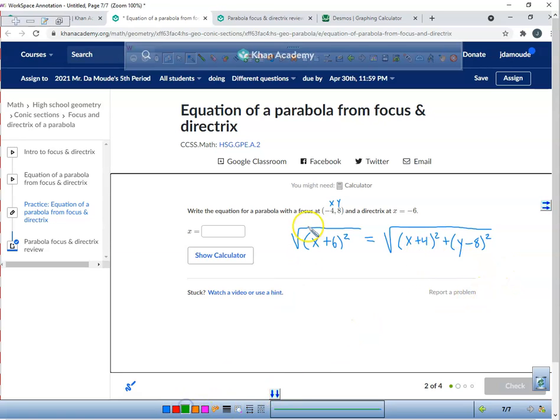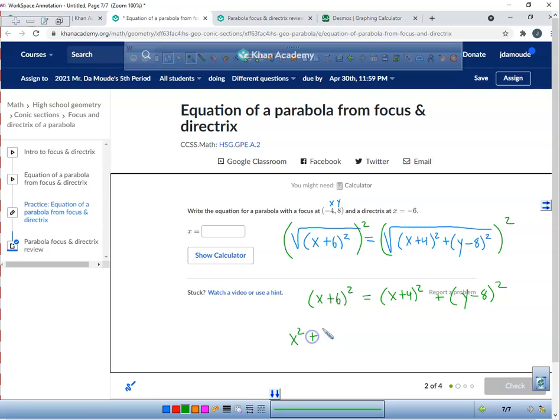Our first step is we need to square both sides. When you square both sides, here's what you're left with: (x plus 6) squared equals (x plus 4) squared plus (y minus 8) squared. So we have to expand this. To expand it's very easy.